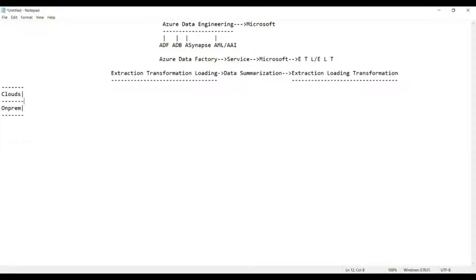Yes, on-premise, whatever the software is, is installed in your local system. That's fine. Anyone else? Okay, no problem, we will discuss it.